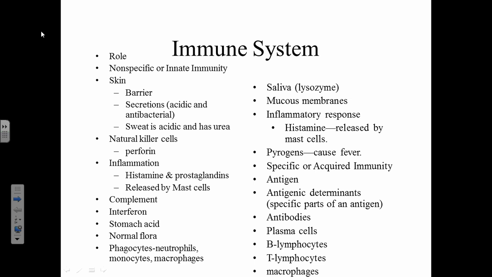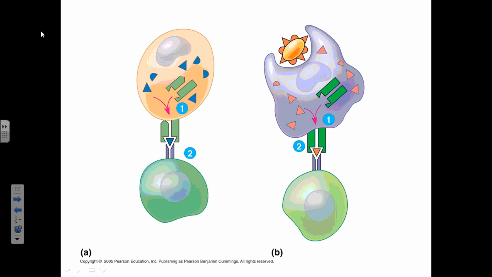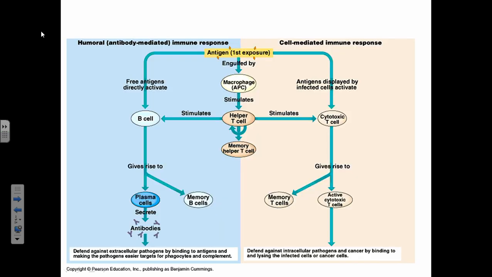But what we want to focus on here quickly is the specific or the acquired part. And I want to use this diagram, and this will run us through most of it. There's two parts of the specific immune response.